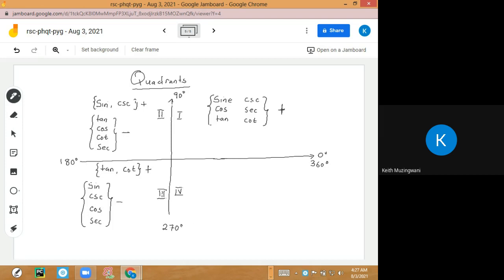So you say, okay, so like cos is used, it will be negative anywhere. You discover that in this section here, cos and sec are giving us positives. And the other guys, they are giving us negatives.